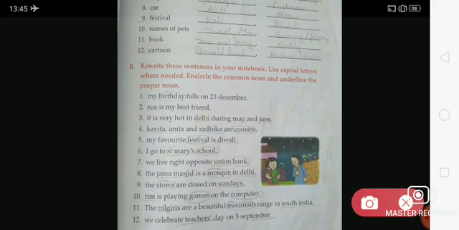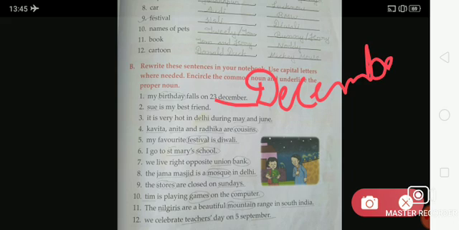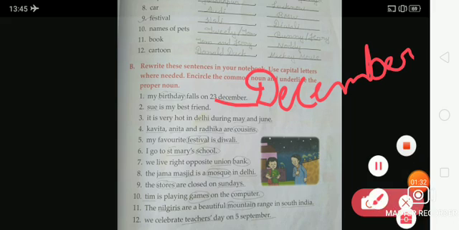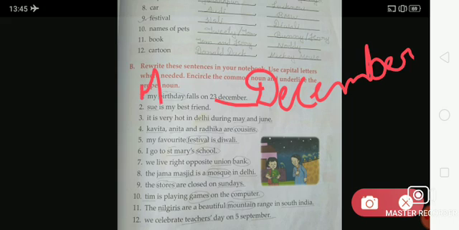We will underline this word, December, and write the D in capital. Just like this you have to change the given words and after that write them down in your notebook. My birthday, the first letter will be in capital, so you will write: My birthday falls on 23rd December.